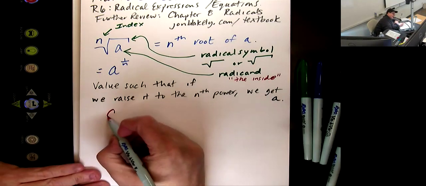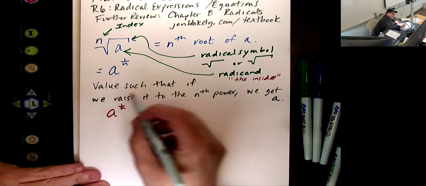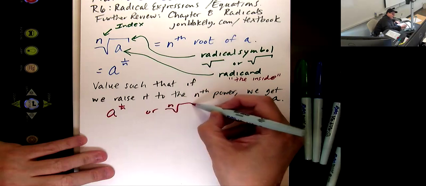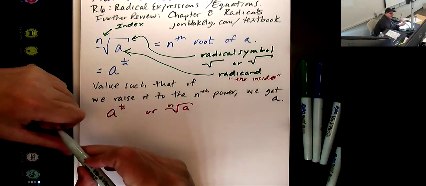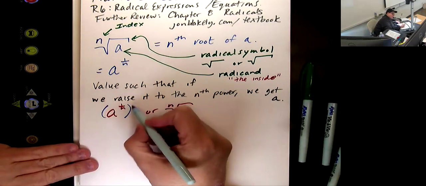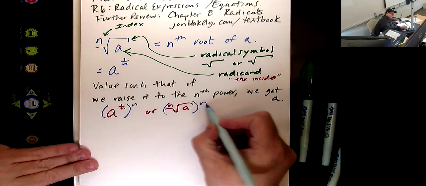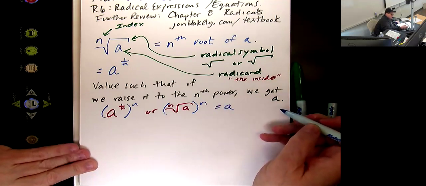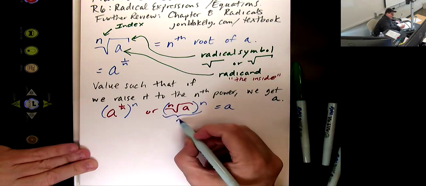If I have A to the 1 over n, or the nth root of A, and I raise this to the nth power, they both equal A. This one you kind of have to memorize, that's how it works.